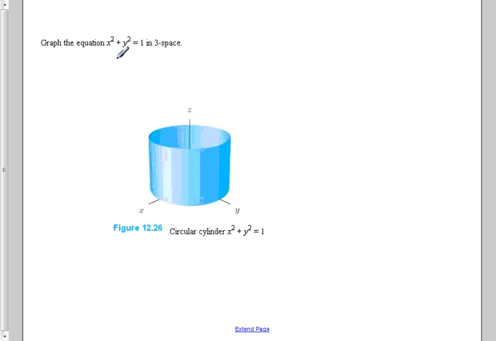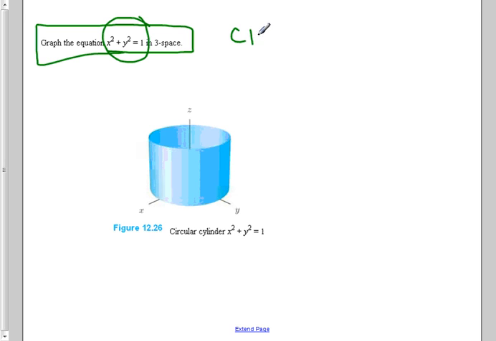Another example of missing a variable, and we looked at this in 12.1 in the first video. I've got x squared plus y squared equals 1. You see that, and you should think circle, with radius equal 1. But now we're talking about 3 dimensions, so the variable that's missing is z. Since z is not part of the equation, z can be anything.